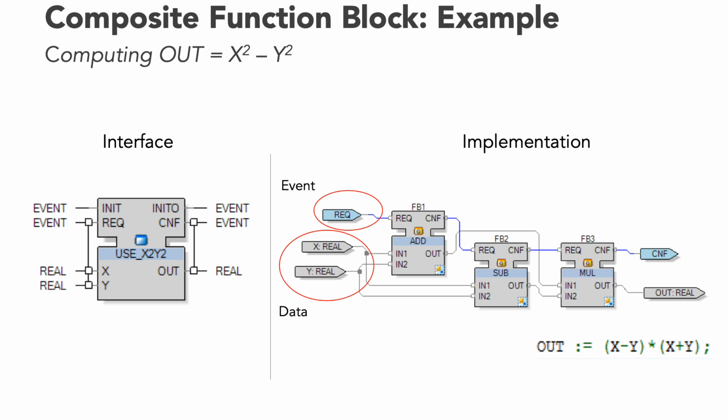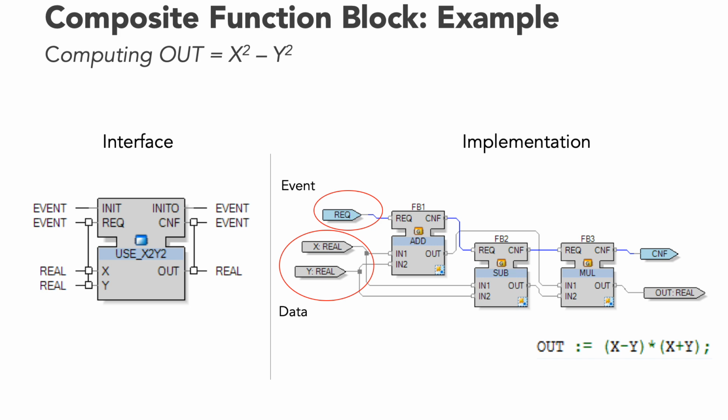It will have exactly the same interface as a basic function block, but internally it is defined as a network of three standard function blocks, one of which is doing addition, another subtraction, and the third one multiplication.